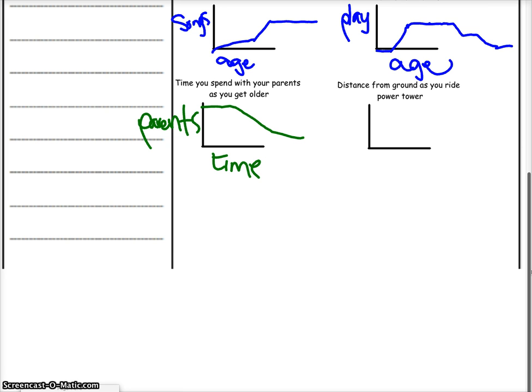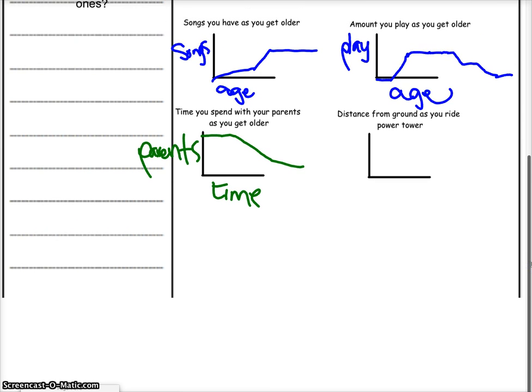Oh, here's a fun one. Distance from the ground as you ride the power tower. What's the power tower? That ride at the Valley Fair that either shoots you up or brings you down. Okay, hold on. This is gonna look different. Watch. This is where we have to really be able to analyze graphs, knowing what's gonna really go on.